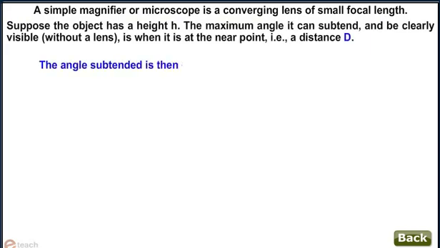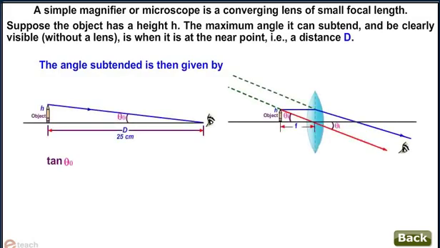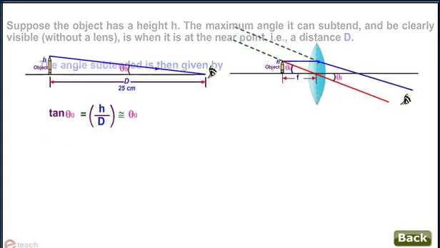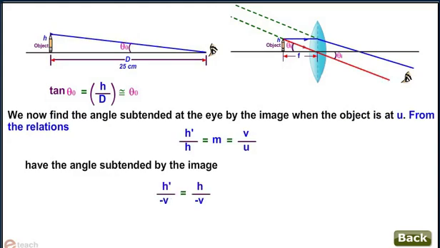The maximum angle it can subtend and be clearly visible without a lens is when it is at the near point, that is a distance D. The angle is then given by tan theta naught equals h by D, which is approximately equal to theta naught.